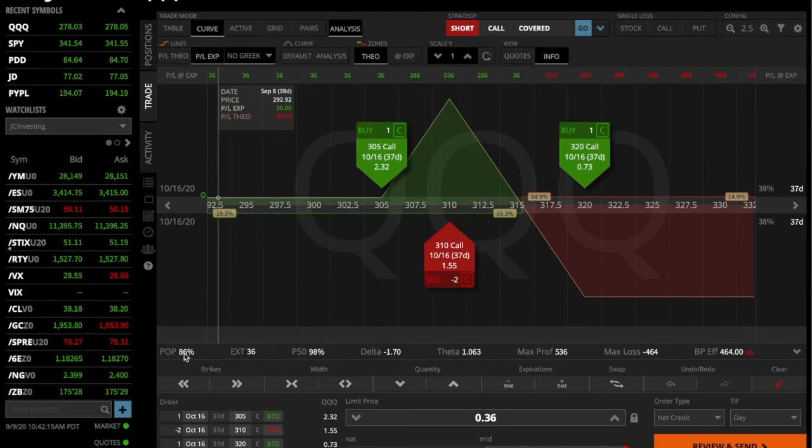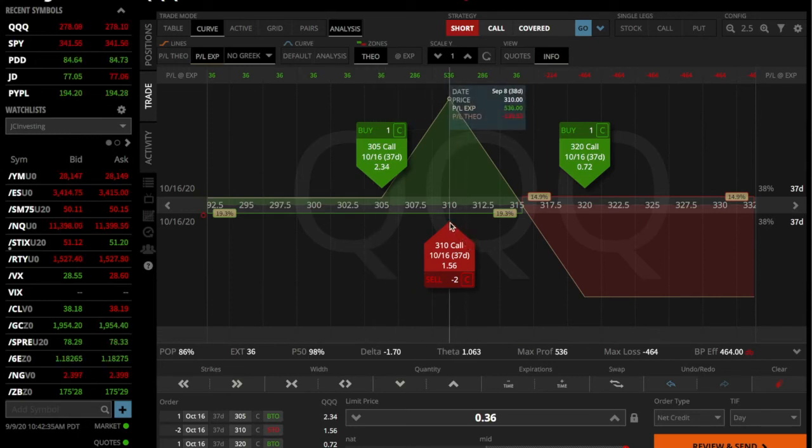Look, 86% pop, and 98% of P50, which is on this max credit of 36 cents. So that's a little skewed, but it's a high probability trade.